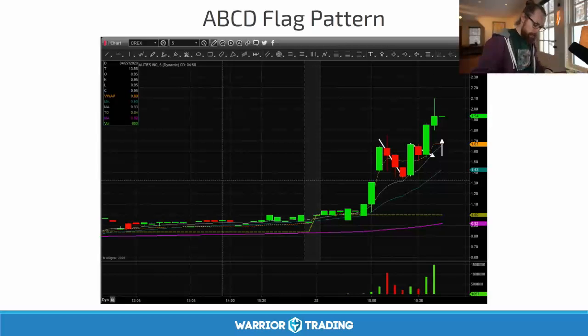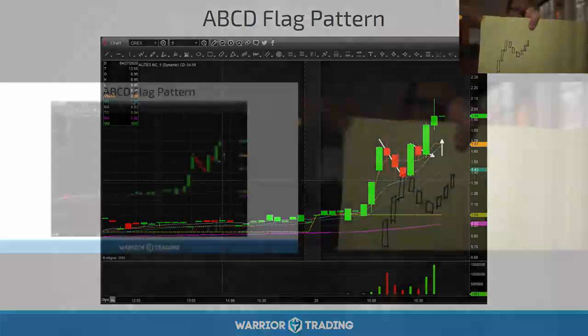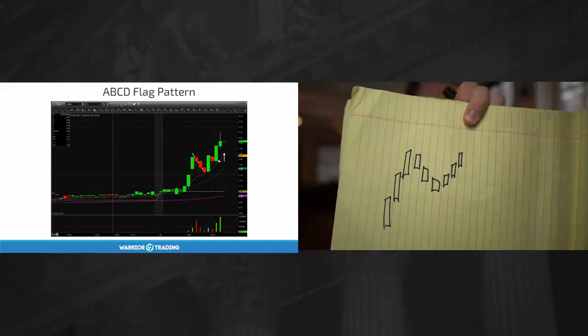So just to draw that out for you here, the cup and handle is essentially like a bull flag. So what we have is this pattern right here where we have the bull flag.